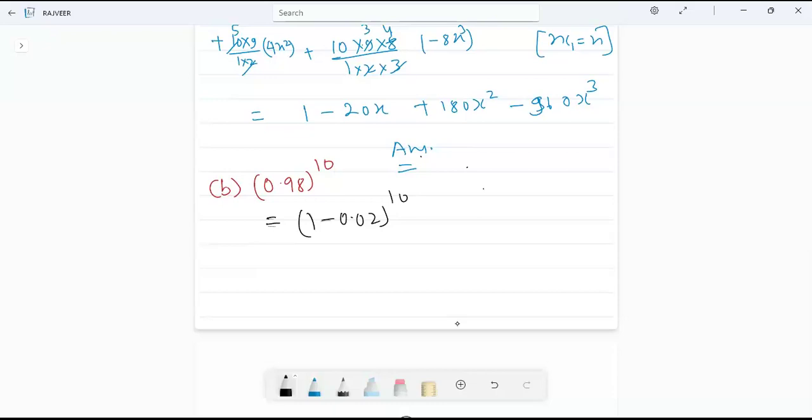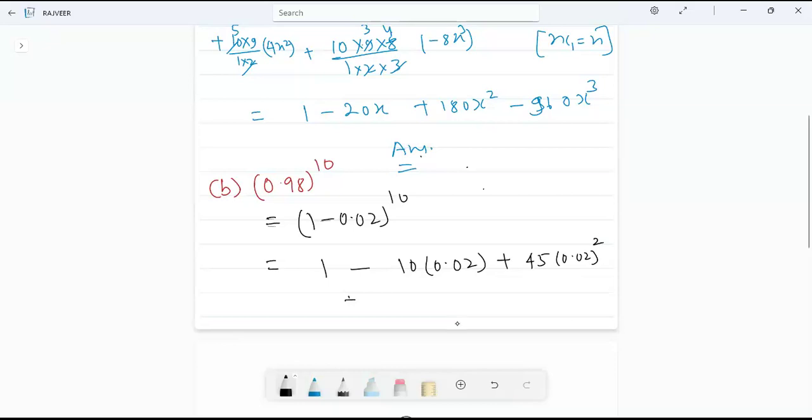Now expanding it, 1 to the power 10 is 1 minus 10C1, which is 10 times 0.02, plus 10C2. 10C2 will be 45 and 0.02 square, minus 10C3. 10C3 will be 10, 9, 8 over 1, 2, 3.